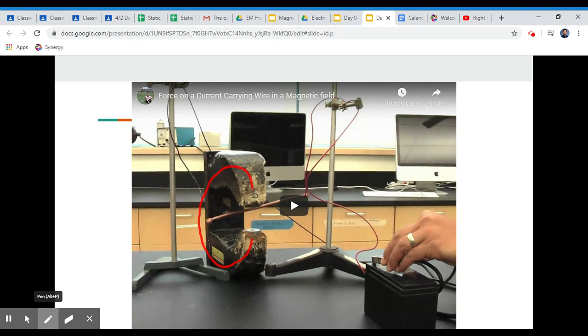But the field is either going to be running up or down, and then he's going to have current running through the wire, either to the left or to the right. And then you're going to see the force either go in towards the magnet or away from the magnet. It's just a really good video, so I'd really encourage you to watch that.